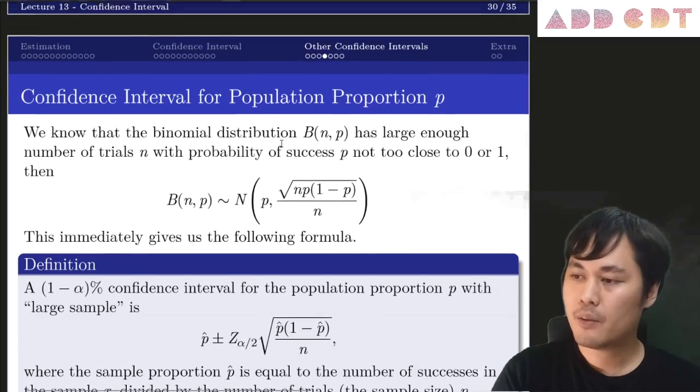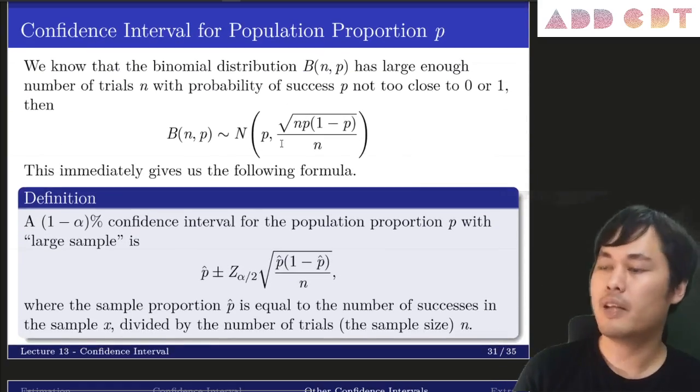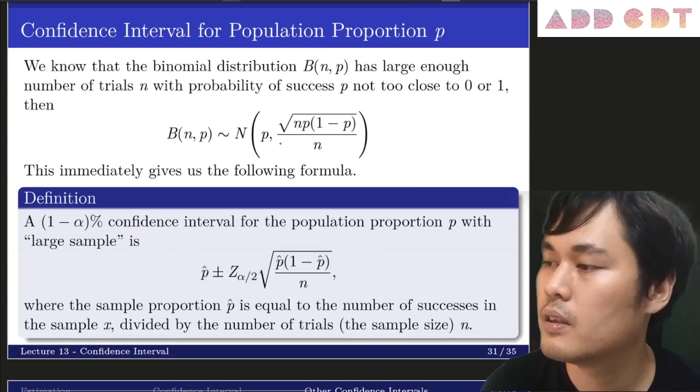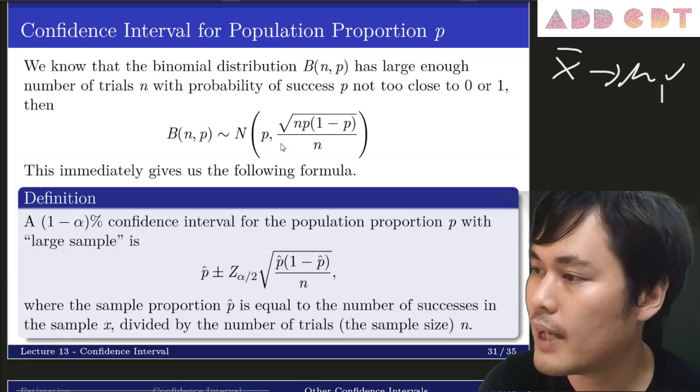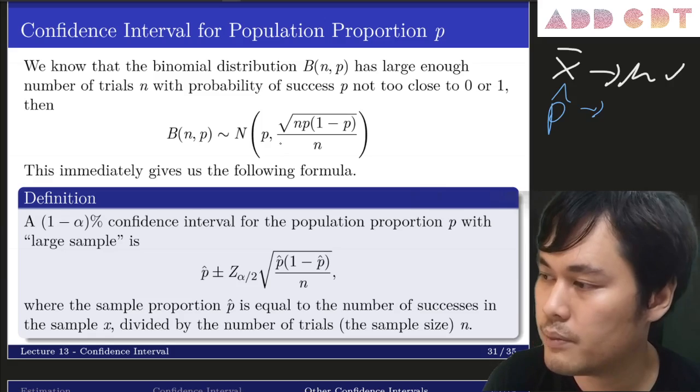Now we try to estimate something different. We estimated the average, right, that's done. Now we estimate the proportion instead.